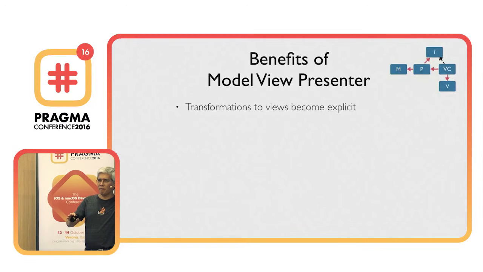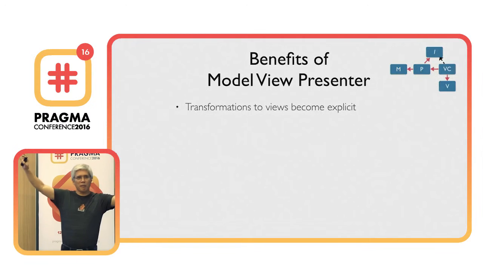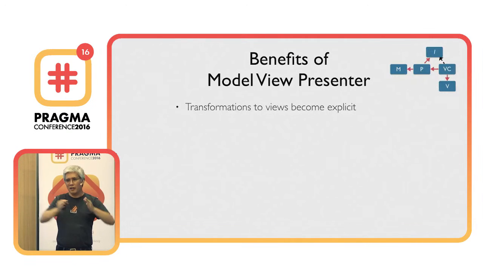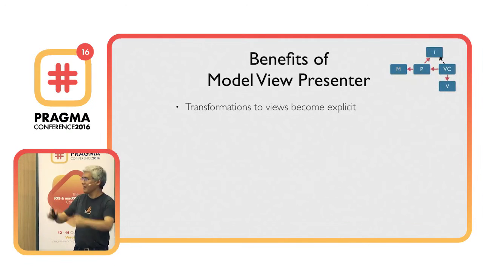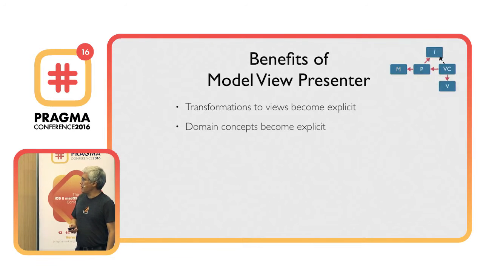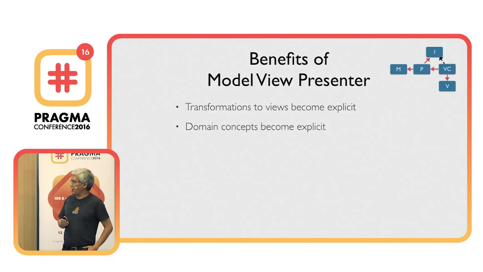And again, this is where probably the alternate path of functional reactive programming is also clear, as long as you can read it. But it makes these transformations explicit. It makes the domain concepts explicit, as I just showed you.